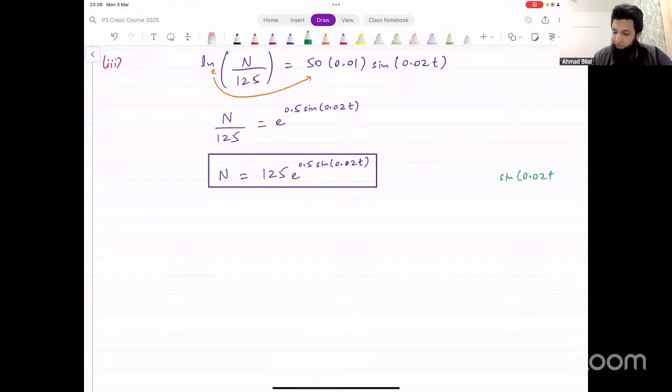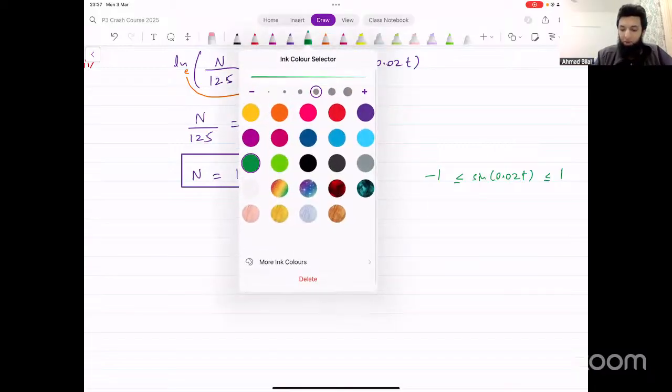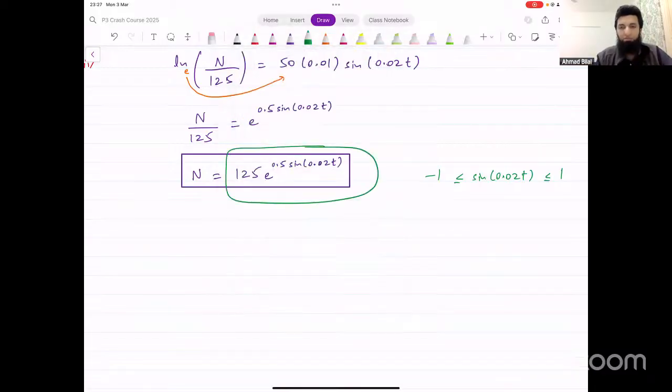Sine of 0.02t has to be between -1 and +1. It can't go outside this interval, right? So if you're looking for the least value of this whole expression, the quickest way of doing this would be that you just input the least possible value of sine in this expression.